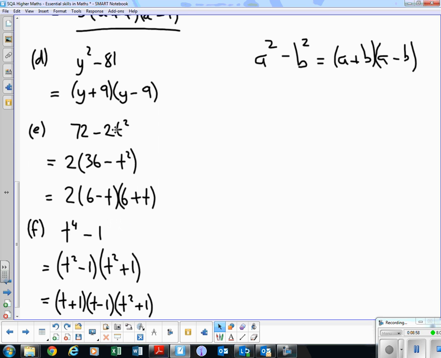E, again, always look for a common factor, so a common factor of 2 here, so it's 2 bracket 36 minus t squared. So that's 6 squared minus t squared in the bracket, so 6 minus t, 6 plus t. I could write 6 plus t, 6 minus t, because we're multiplying, the order's not important. So common factor first, then difference of two squares.